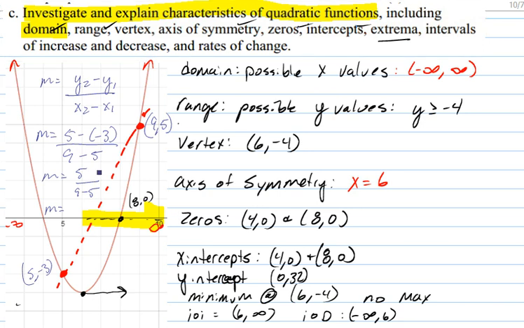I hate it when I do that. 5 plus 3 is 8 over 9 minus 5, which is 4. So that means that my slope is 2. So my average rate of change between these two points, 5, -3, and 9, 5, equals 2. And that's analyzing a graph.